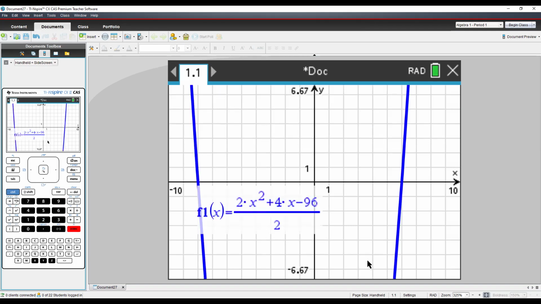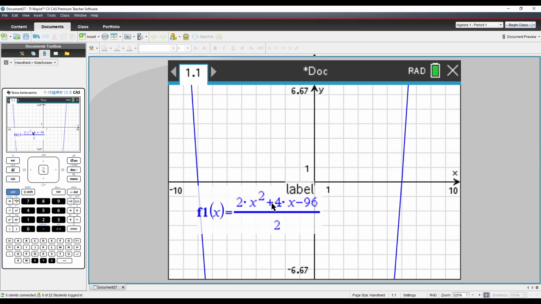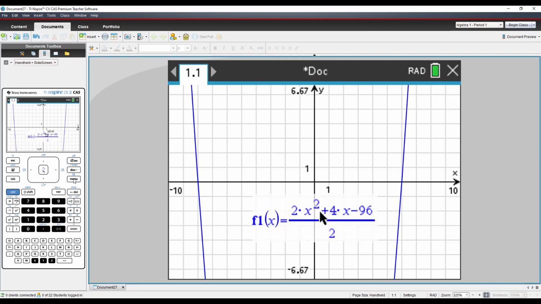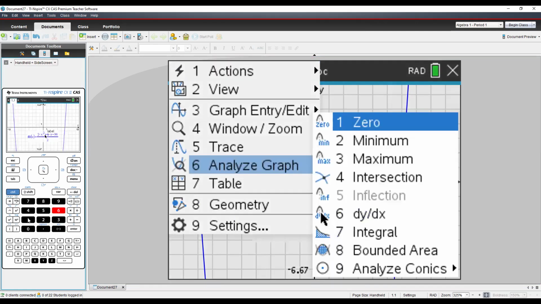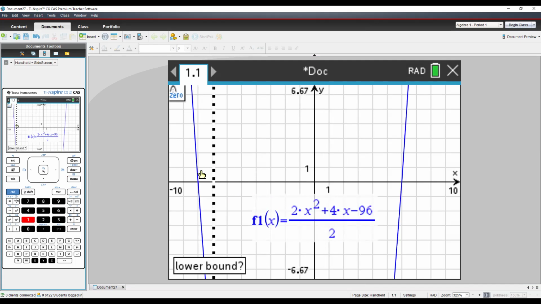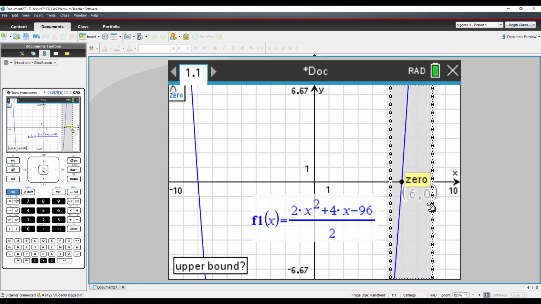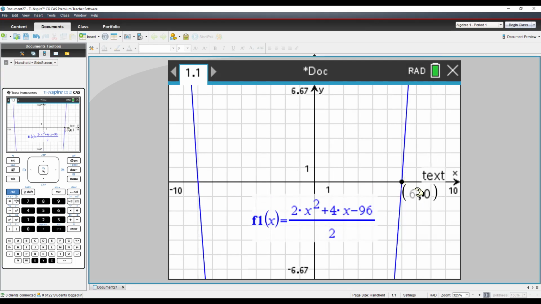Here's my equation. Let's see what the zeros are. I'm going to do menu 61, and let's see. Now, I know the ages can't be negative, so I'm not even going to bother with this zero. I'm going to come over here and check this zero. All right, so that tells me that x is equal to 6.